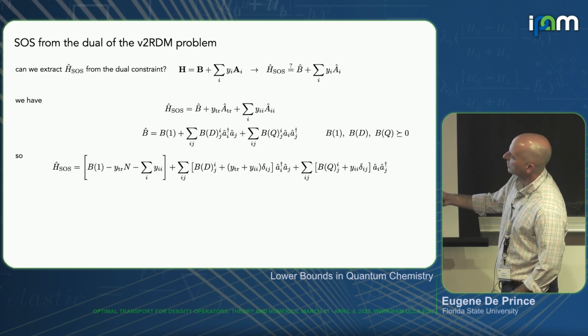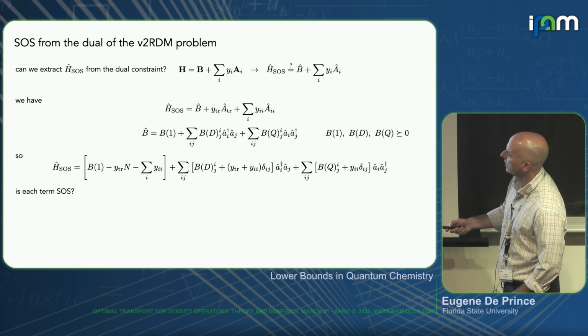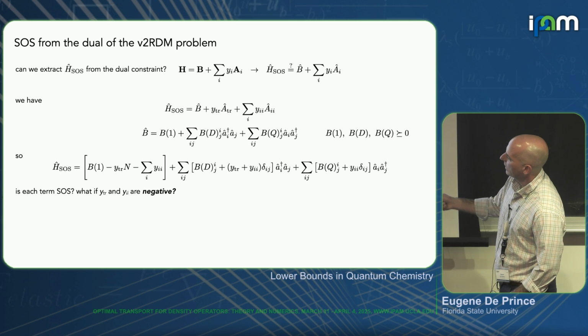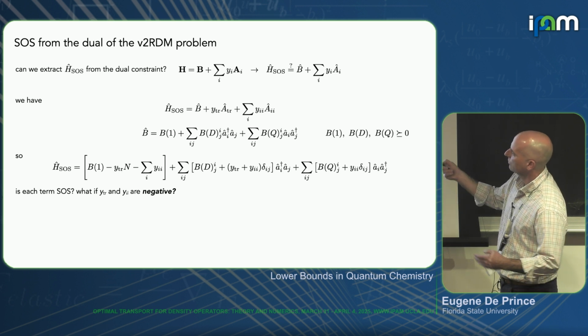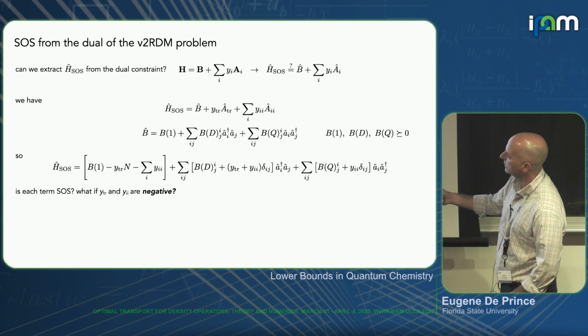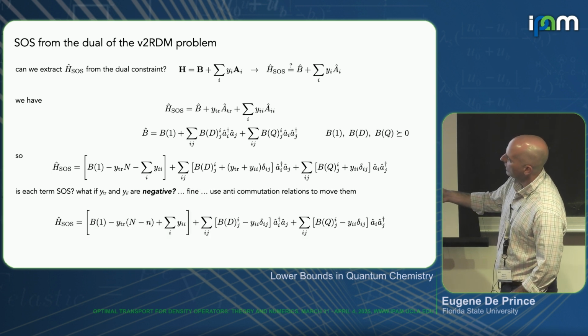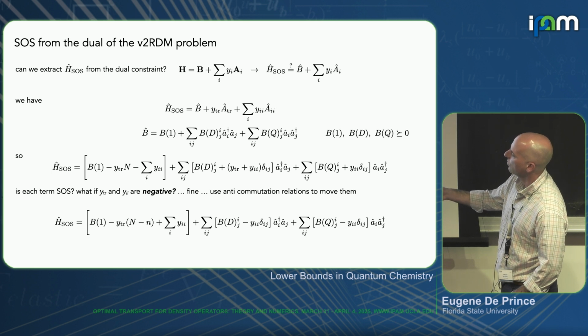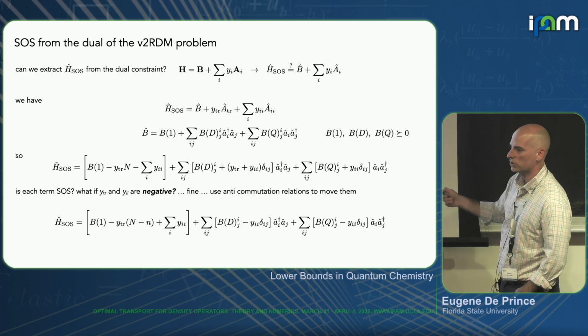And now I just need to ask, are these total coefficient matrices positive semi-definite? It turns out, numerically, at least for the problems I've played around with, these guys end up being negative. And that's OK, because I can always move this negative definite part of the operator to the other space by using fermionic anti-commutation relations.